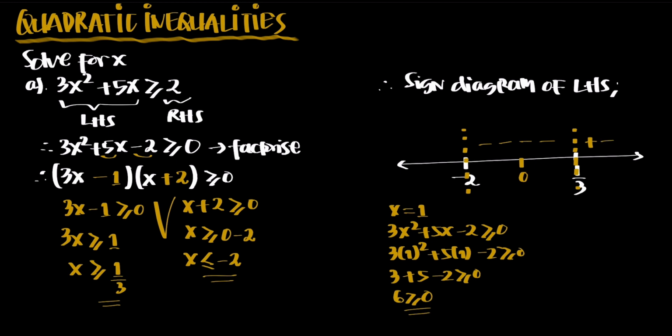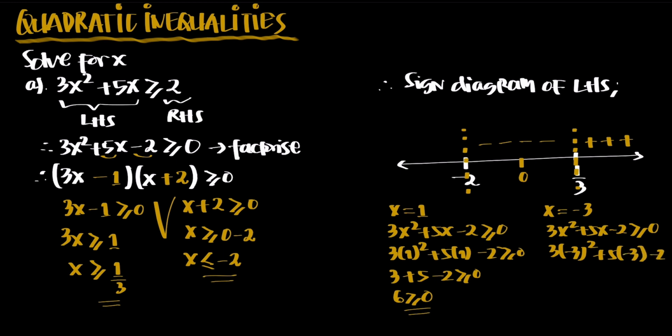Last one. What happens when x is smaller than -2? Let's try with x equals -3. Then 3 times (-3) squared plus 5 times (-3) minus 2. So 3 squared is 9, times 3.